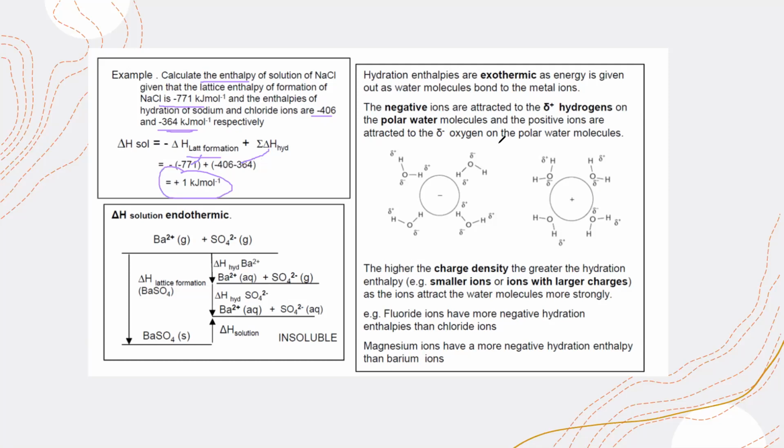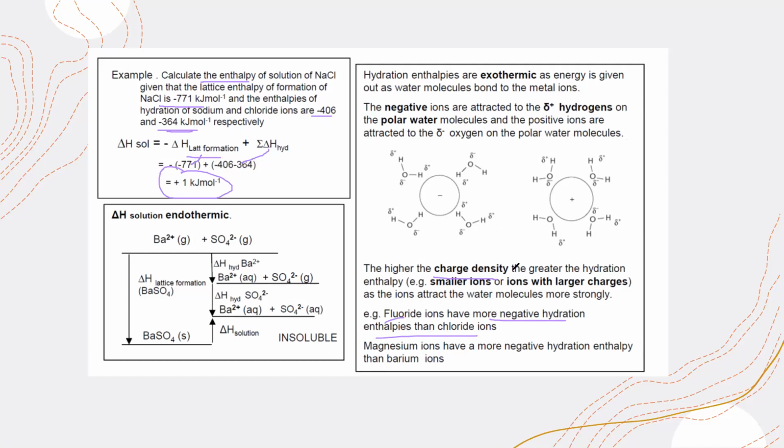Then the hydration energy depends on the charge density, like charge per unit volume. So fluoride ion has a more negative hydration energy because fluoride ion is smaller in size, so there is more attraction towards the water's oxygen.